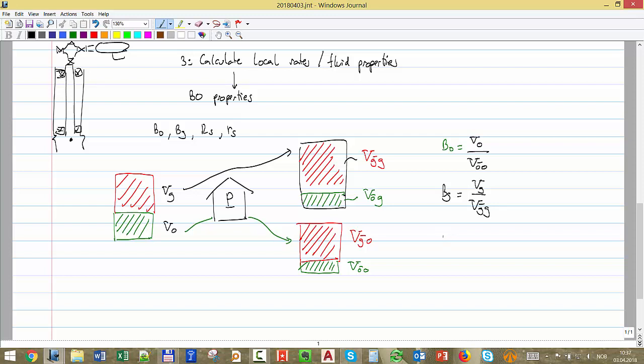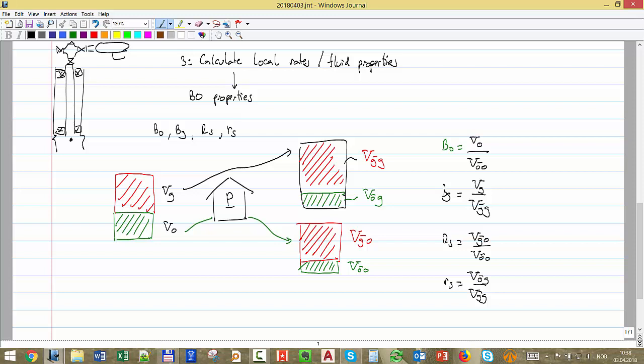The RS will be the volume of gas from the oil divided by the volume of oil from the oil, and the small rs will be the volume of oil from the gas divided by the volume of gas from the gas. Is that correct? Yes? You're checking if you're awake. I hope I didn't make any mistake.